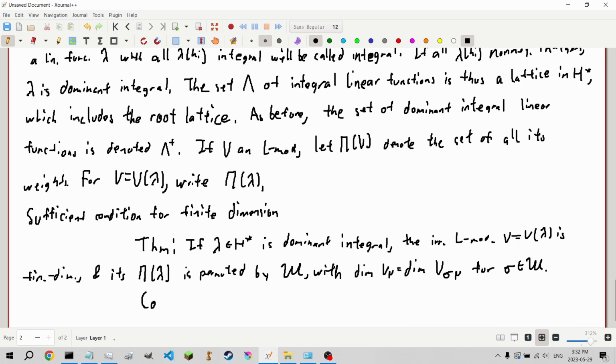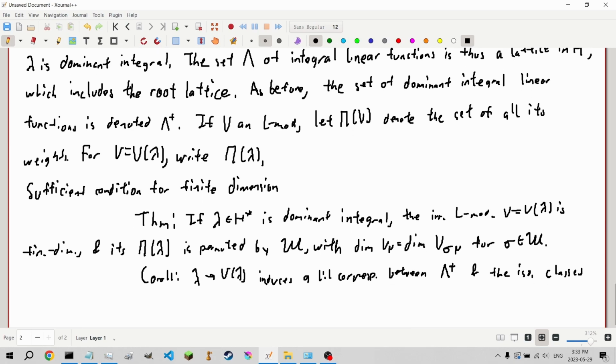And the immediate corollary is that the map from lambda to V lambda induces a one-to-one correspondence between our set of dominant integral linear functions and the isomorphism classes of finite dimensional irreducible L-modules.